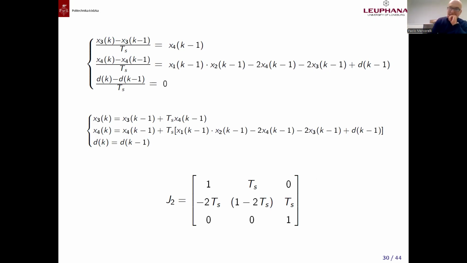Okay, if I do the same calculations, the same approach for the second Kalman filter, or the second system, I do Forward-Euler. These are the equations. I obtain this expression here, and then we have a 3 times 3 matrix because we have 3 states, because here we also included the augmented state. Try to do it at home.